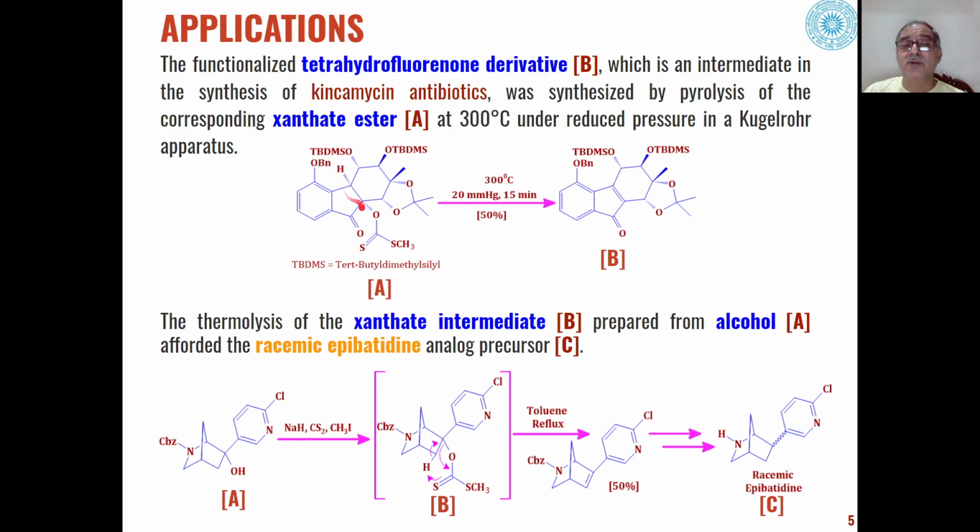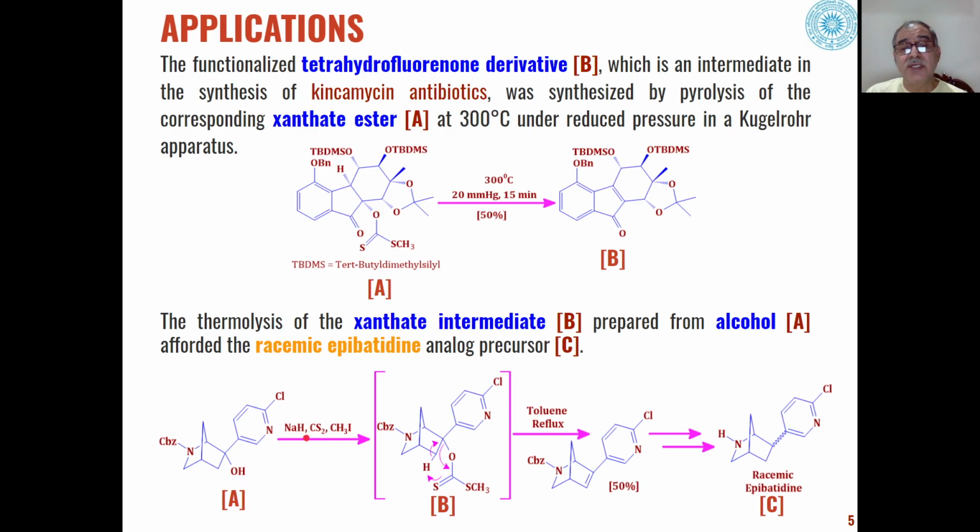Removal of this beta hydrogen and ester group from here will create a carbon-carbon double bond over here, and we will get tetrahydrofuran derivatives as the product. And further reactions of these derivatives can lead to the formation of kinamycin antibiotics, which is a very important reaction. Then similarly, we can synthesize racemic epibatidine, which is an alkaloid, from these types of alcohols.